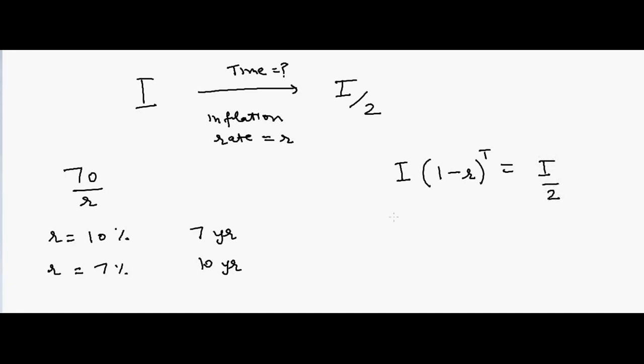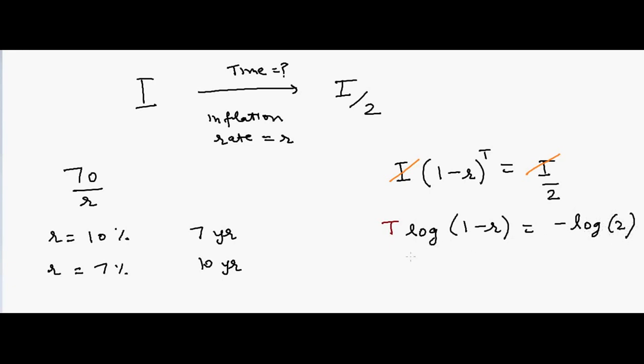In that case, if we solve this equation, then the I would cancel out, and we will have t log of (1 - r) is equal to minus log of 2, right?